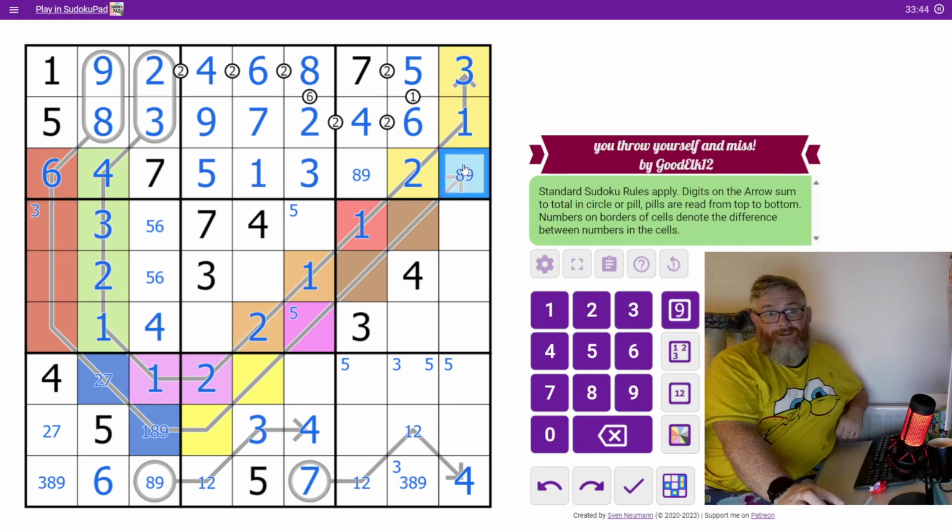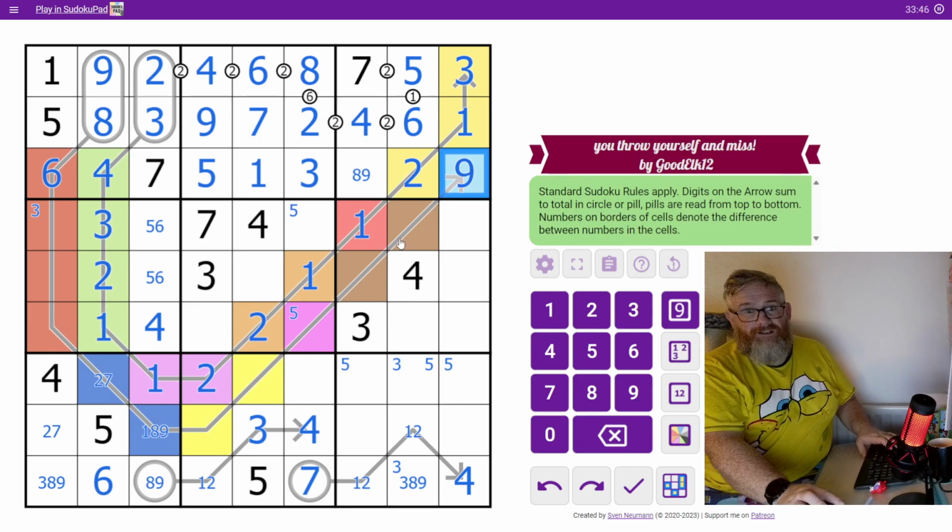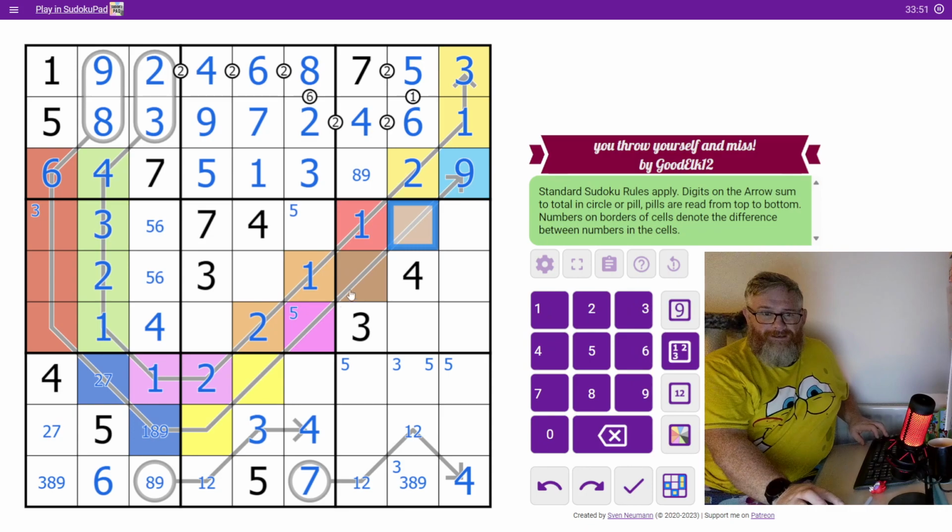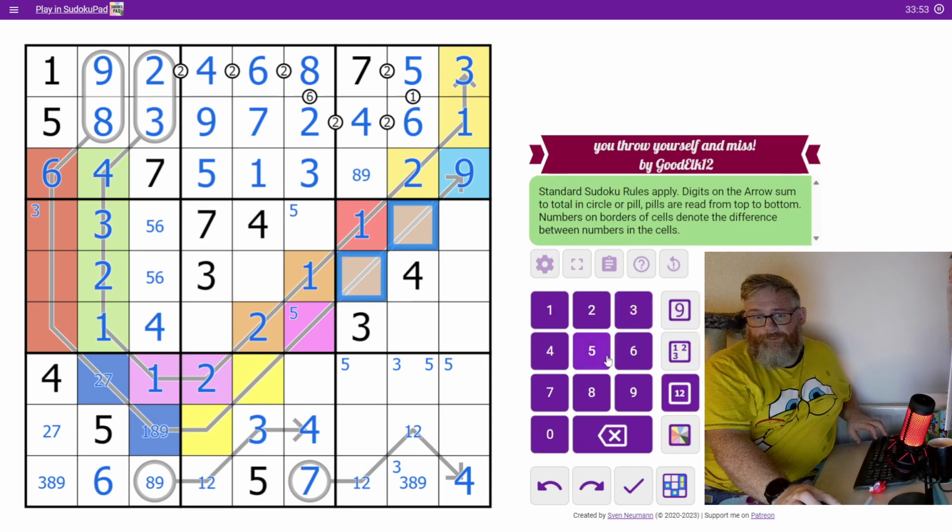But if I go from the other end and I go 9, let's see how I can do with my 9s now. So we know that this must be 8 or 9. 8 or 9.